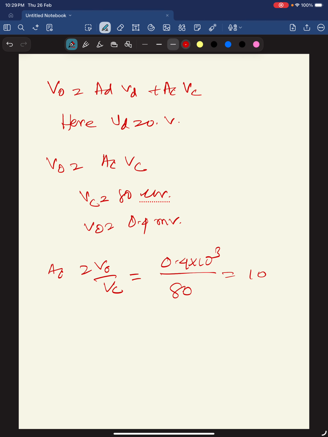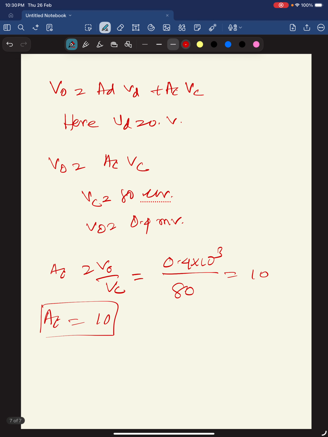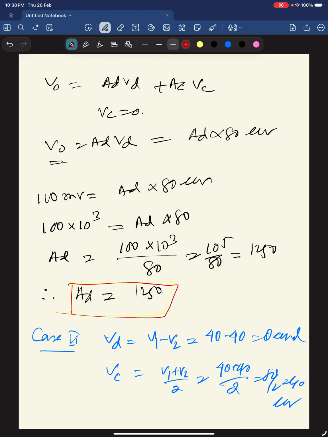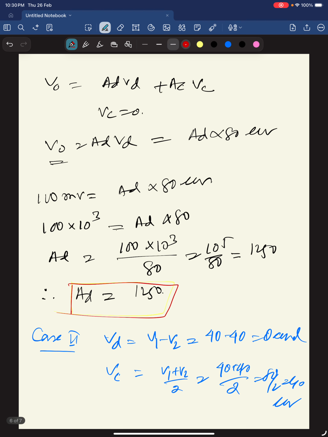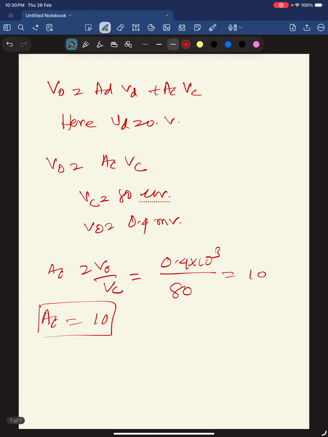So AC is equal to 10, and previously VC is equal to 40. VC and VD. AD is equal to 1250.